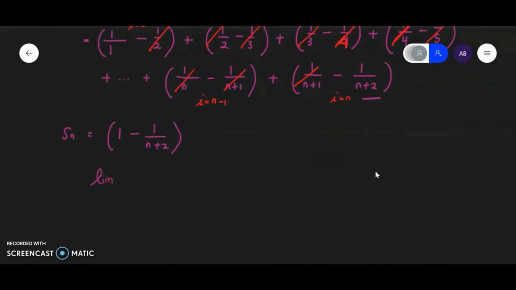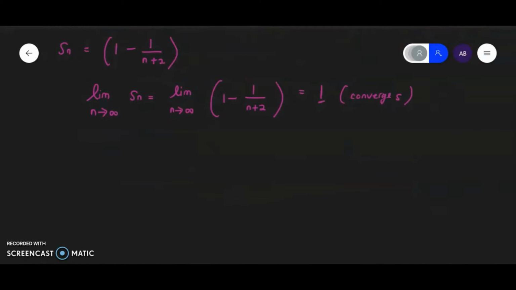The limit as n approaches infinity of Sn equals the limit as n approaches infinity of 1 minus 1 over n plus 2. When n approaches infinity, 1 over infinity approaches 0. So the value is 1 and it converges. The sum converges to 1. This is the example of a telescoping series that we continue.